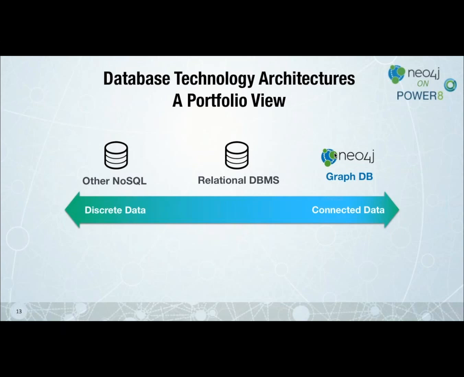So the three kinds of NoSQL you may be most familiar with, document, key value, and column family, all fit into the category on the left, where those technologies make fundamental trade-offs in order to solve the kind of problem I just described, with discrete data, with data that's not connected. One of the trade-offs is ACID, being a little bit looser with one's notion that data has committed.